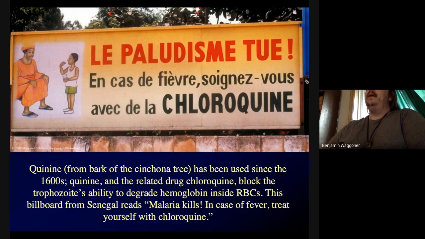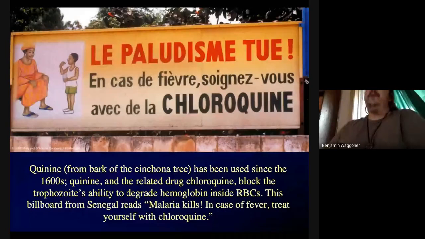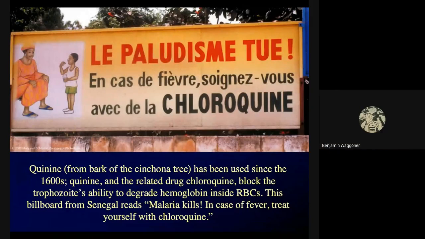When the Spanish began exploring South America, they found that native people were using the bark of this tree against the South American form of malaria, which is a different species from P. falciparum. And specifically, it was priests in the Jesuit order that found this out and actually held a monopoly on the trade for a while. It used to be called Jesuit bark, the bark of the cinchona tree.